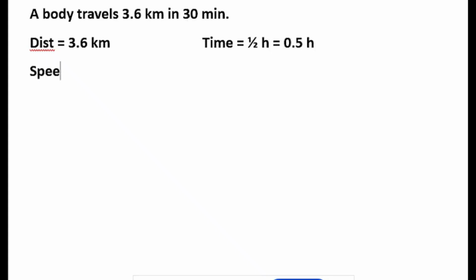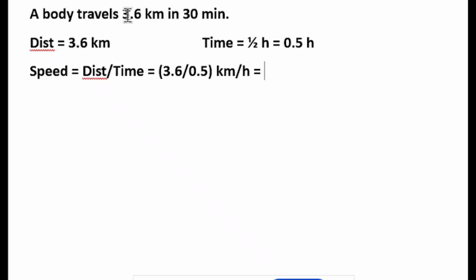Now speed equals distance by time, that will be equal to 3.6 divided by 0.5 in kilometers per hour.